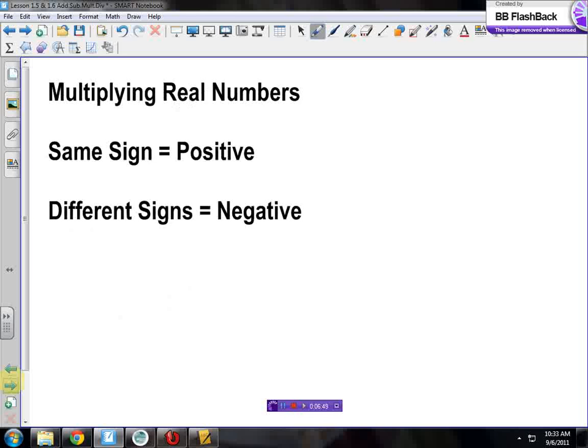One thing about multiplying and dividing is how do you tell if it's going to be a positive answer or a negative answer? If you have two that are the same signs, the answer is going to be positive. We know that from negative 2 times negative 3 being a positive. Same sign, positive answer.